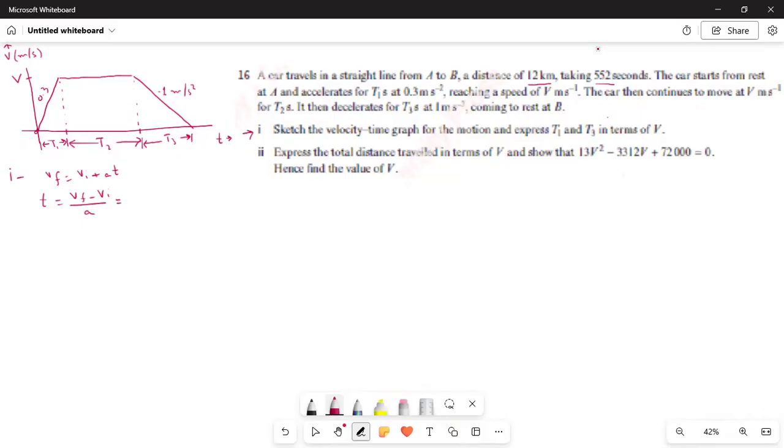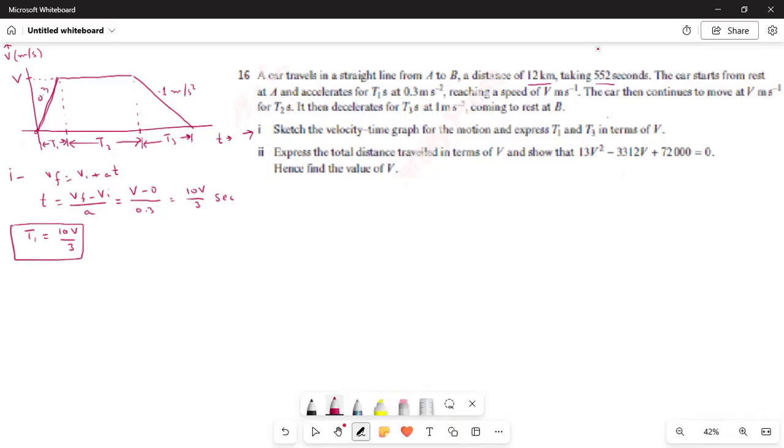The final speed of this section is v meters per second, initial speed was 0 and acceleration was 0.3. So this would be 10v over 3 seconds. So t1 is 10v over 3 seconds.